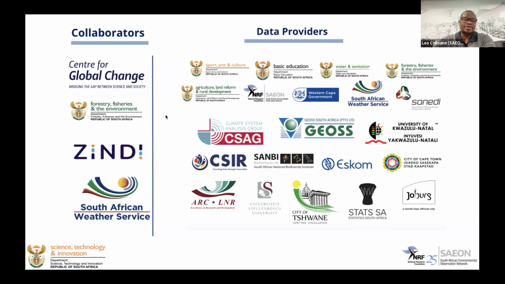And then our collaborators, Institutes for Global Change, also funded by the same department at local universities. And then we collaborate with the Department of Forestry, Fisheries, and the Environment to action the Climate Change Act. And then Zindi, the one that I've already highlighted, which is our AI data science partner in industry, and the South African Weather Service.